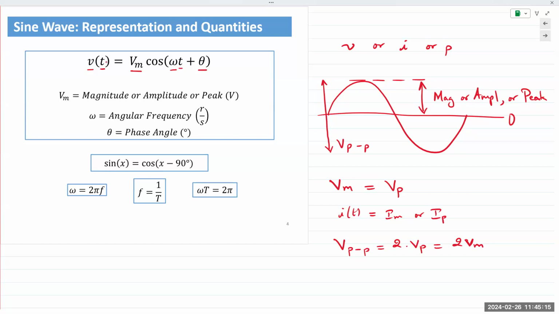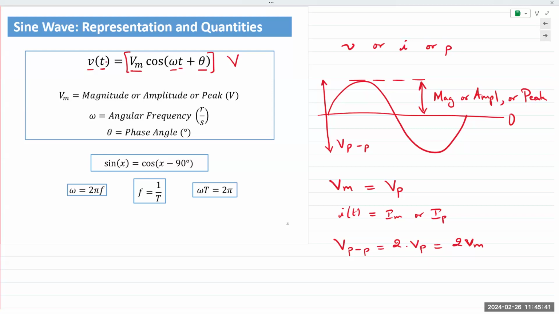Now the three quantities all have different units. The overarching unit for this quantity, of course, comes from the fact that it's describing a voltage, right? V of t. So when you write an expression for an AC signal, whether it's voltage or current or power, the units remain the same: volts or amperes or watts.